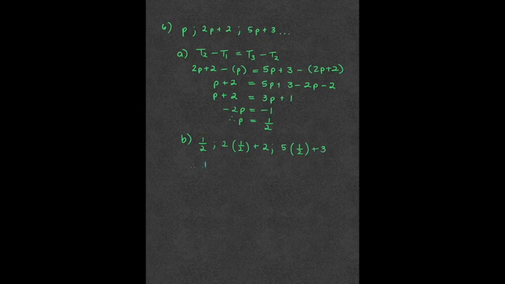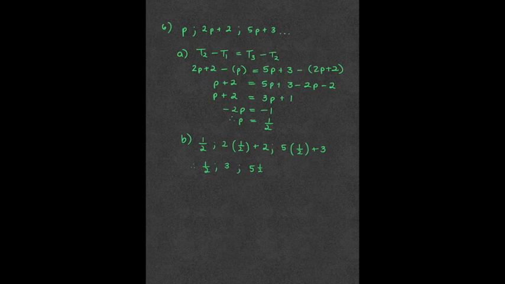So therefore your sequence is going a half. 2 times a half is 1, plus 2 is 3. 5 times a half is 5 over 2, plus 3. So what's 5 over 2? 2.5. Plus 3 is 5.5. So if you want to write it as 5.5, or if you want to write it as 11 over 2, that's spot on.